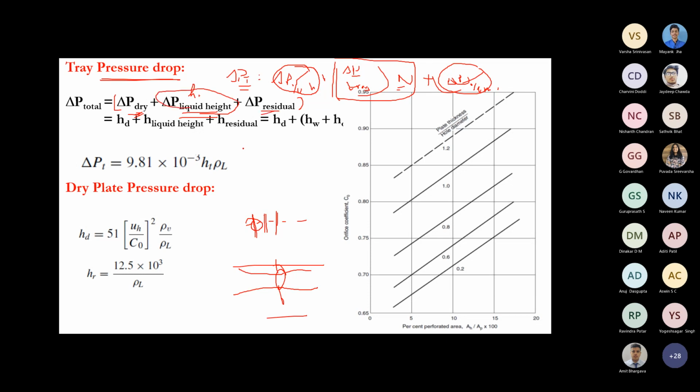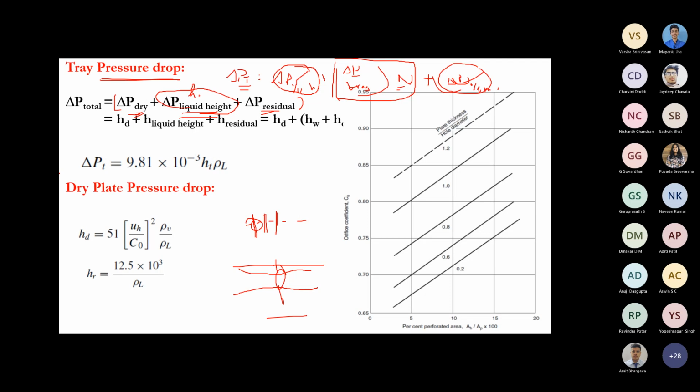Another one is the residual pressure drop, because when the vapor goes at higher velocity, what will happen? It will take some amount of liquid. That is called the residual pressure drop due to high vapor velocity.